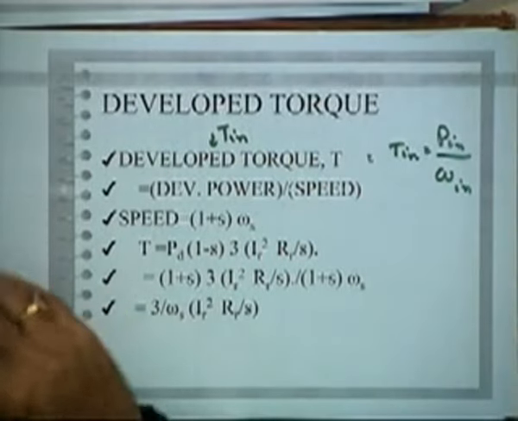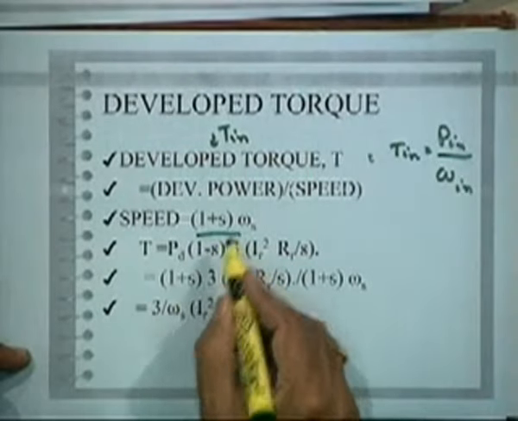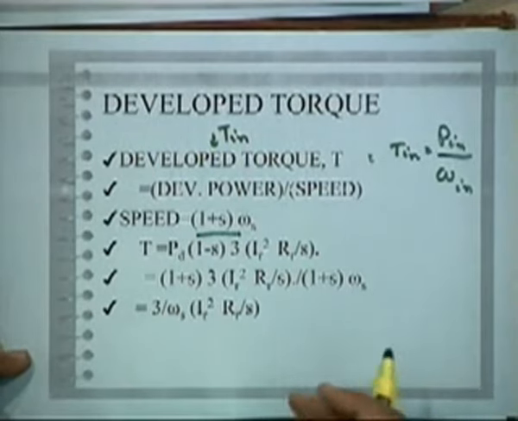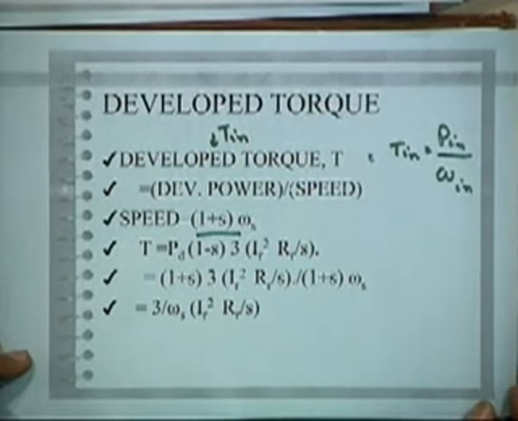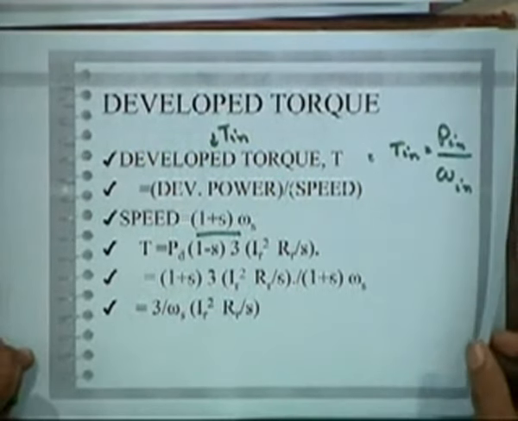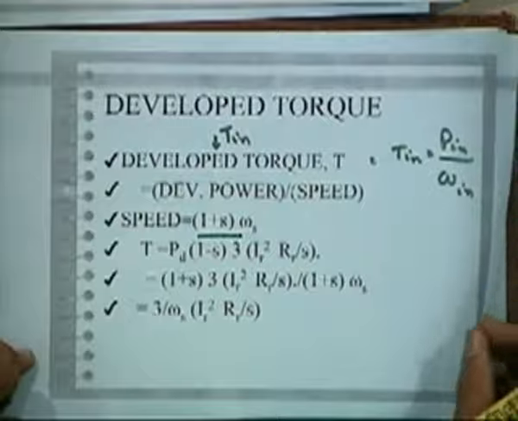Input power, input torque you are giving, so this you can calculate, and the speed you may know is 1 plus s times omega s. Since s is negative, speed is above the synchronous speed. So you can calculate these equations. I suggest you work out the details, because s is negative.